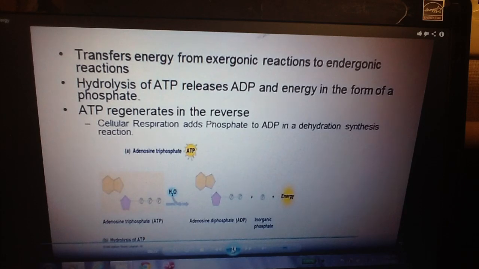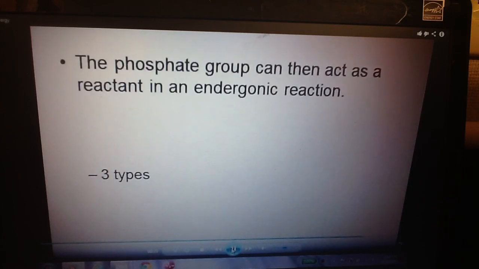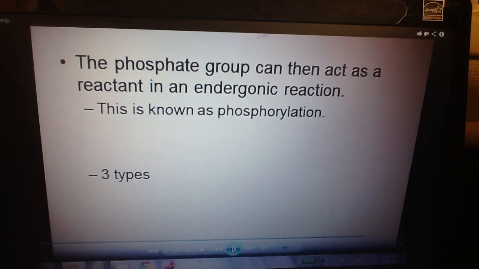Now, cellular respiration is what actually makes ATP, whereas we're going to be looking at photosynthesis. Photosynthesis is going to be using ATP. Now, the ATP phosphate group can actually be used as the reactant in an endergonic reaction. So anytime you are adding a phosphate to something, it's called phosphorylation.